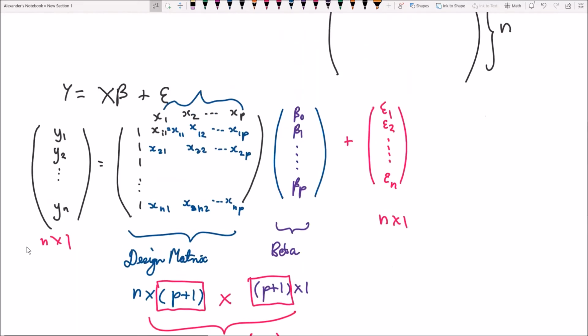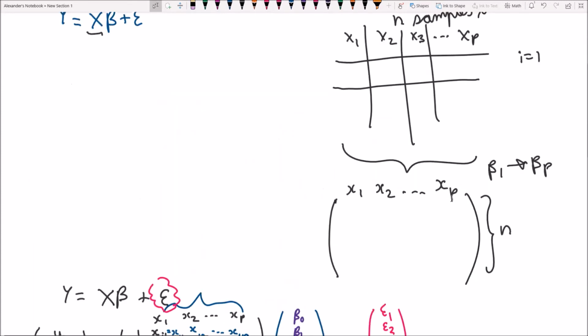So we can see that the dimensions correspond, everything works out. So y equals x beta plus epsilon is the matrix formulation of the multiple linear regression model, where x is your design matrix, beta is your vector of coefficients in your regression model, epsilon is the vector of the error terms in the model, and y is your dependent variable.